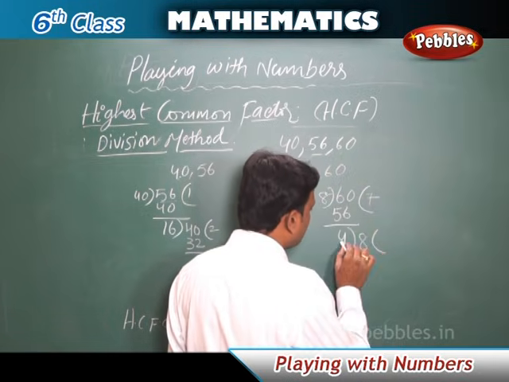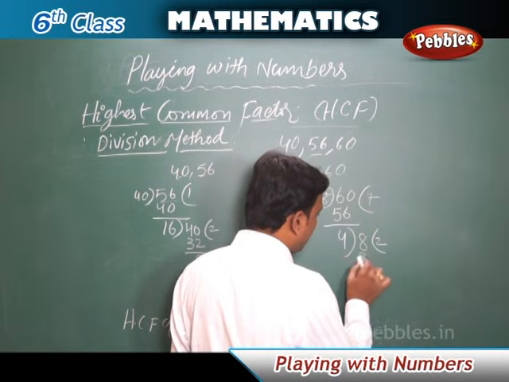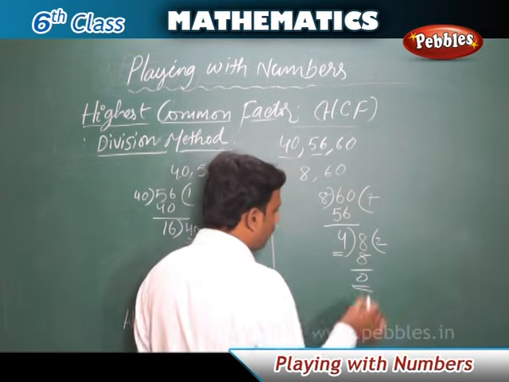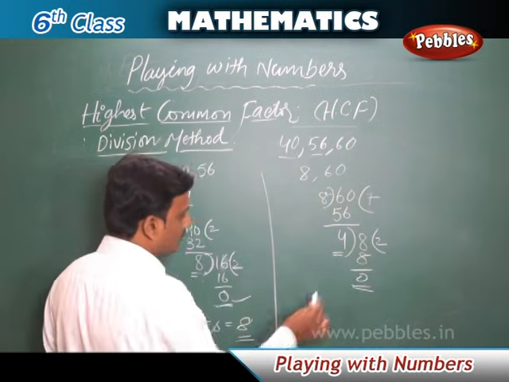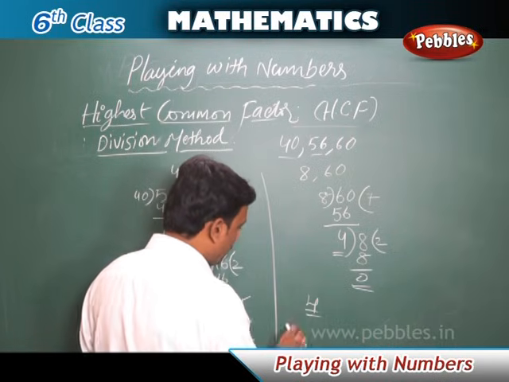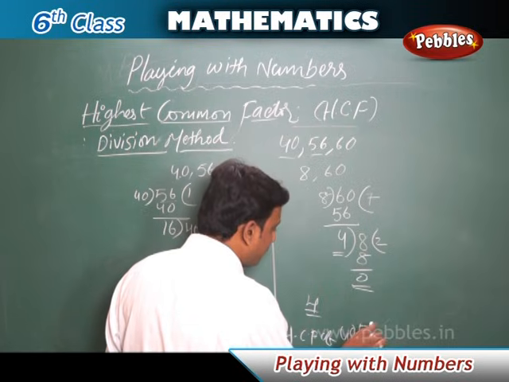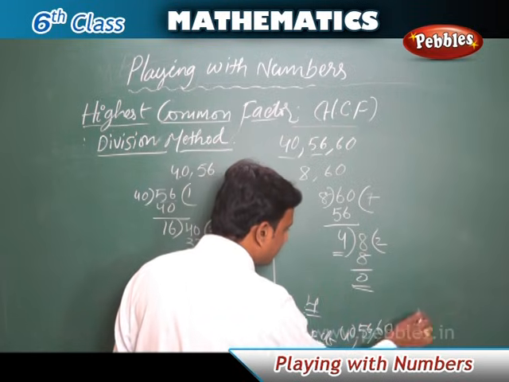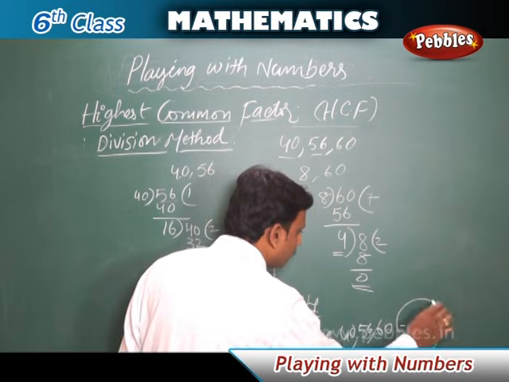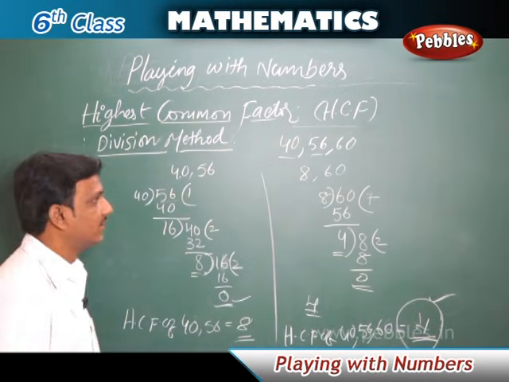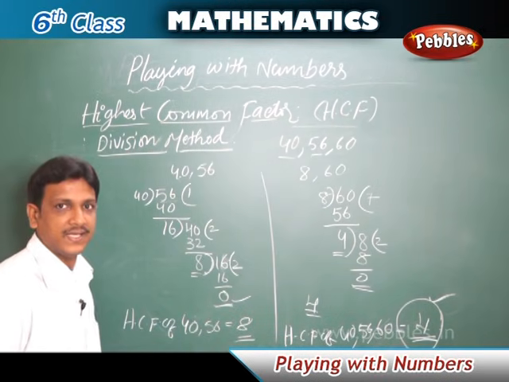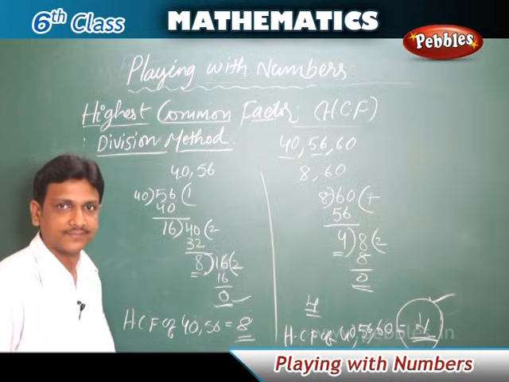Again divide 8: 4 2's are 8, 0. So here we got 4. So the HCF of 40, 56 and 60 is 4. This is the division method of finding the HCF of the given numbers.